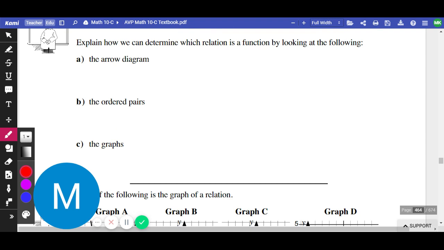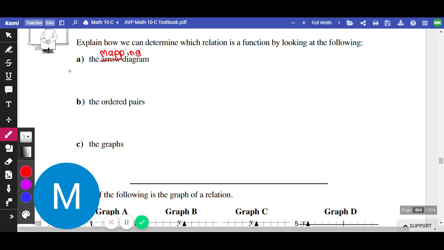So for an arrow diagram, a mapping diagram. Okay, so for a mapping diagram, explain how we can determine which relation is a function by looking at the following: the arrow diagram. I'm going to say mapping diagram because I'm going to keep calling it arrow diagram if I keep looking at it like that. Mapping.